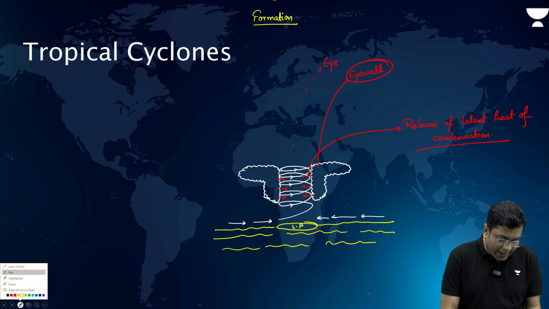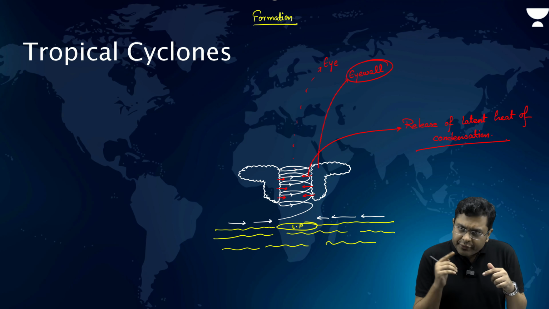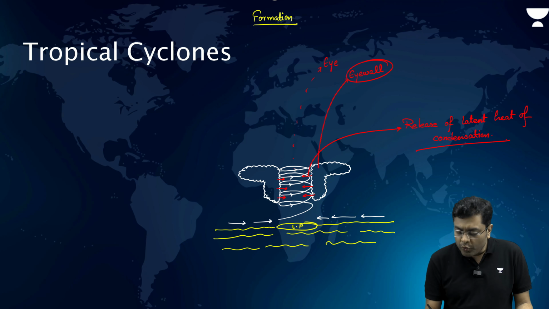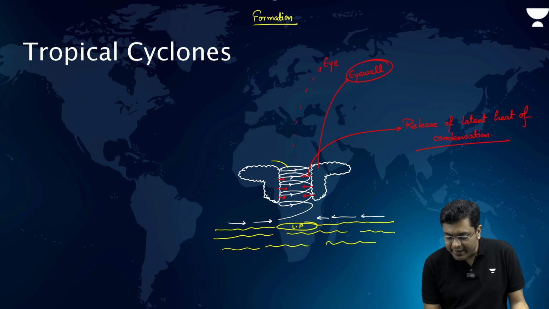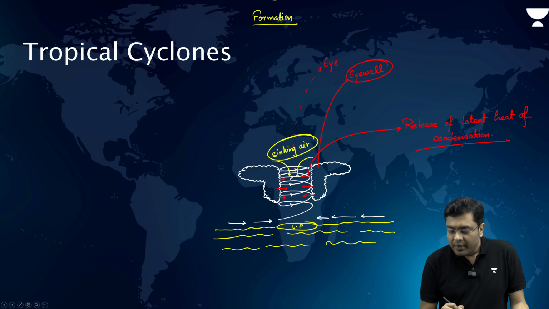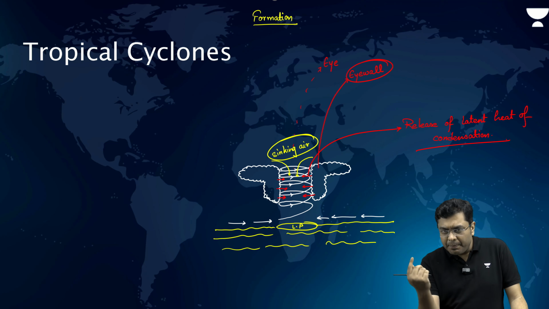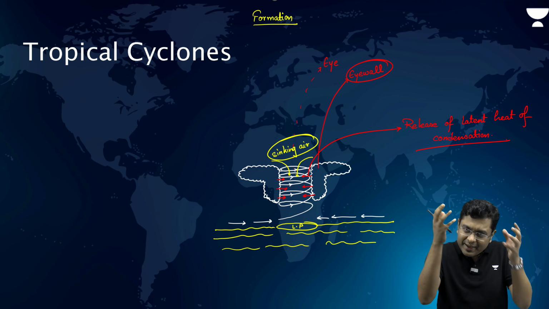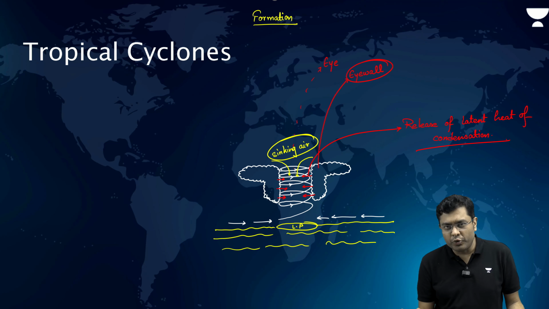Now after some time, what happens? Because of the dynamic upward rise of the air, you have a suction created in the center. So you have sinking air in the center, in the eye. And why is that sinking air created? That is created because the fluidic motion of air in the upward spiral creates that suction force in the central portion.